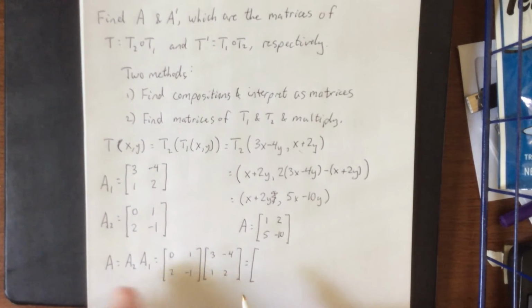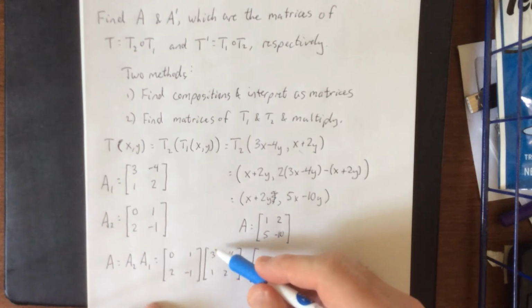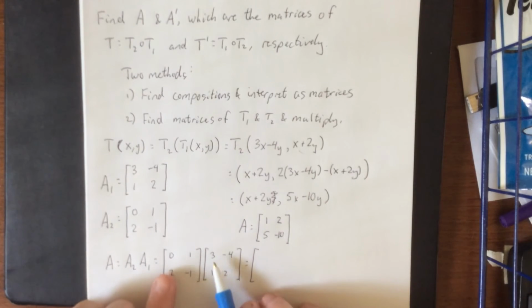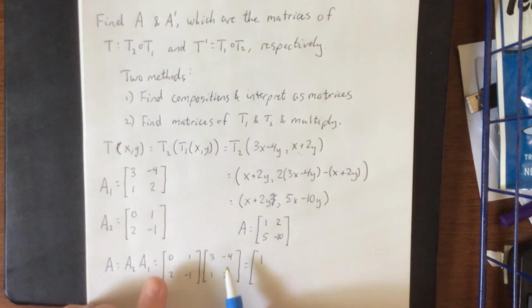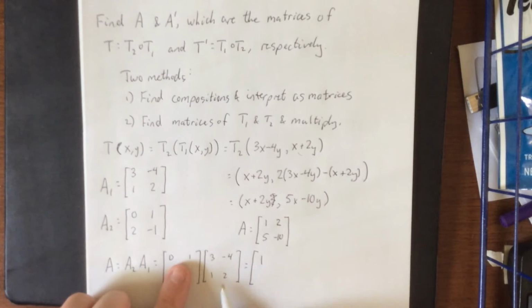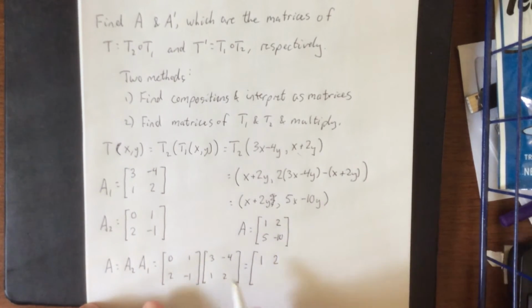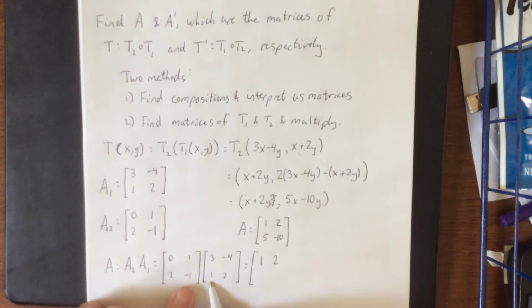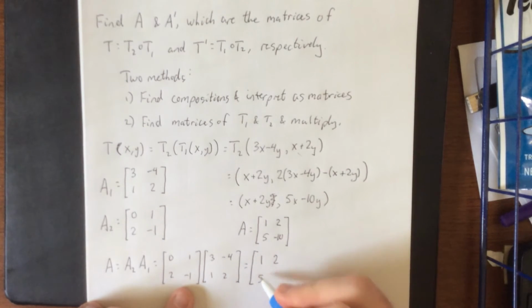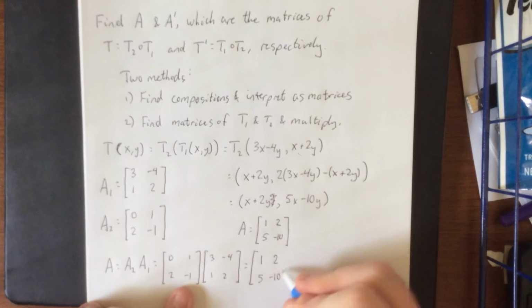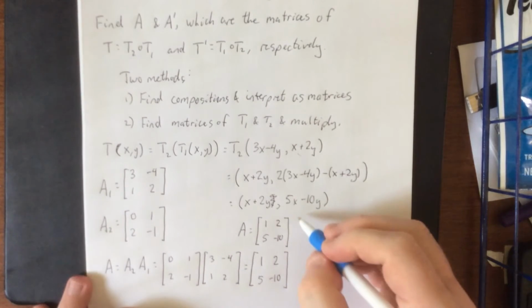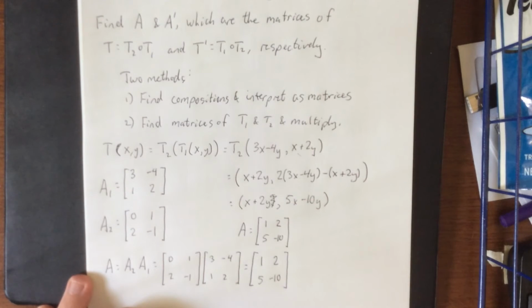So going across matrix A2 and down matrix A1, 0 times 3 plus 1 times 1. 0 times negative 4 plus 1 times 2. 2 times 3 plus negative 1 times 1. And 2 times negative 4 plus negative 1 times 2. So there you have two different methods for finding the exact same matrix.